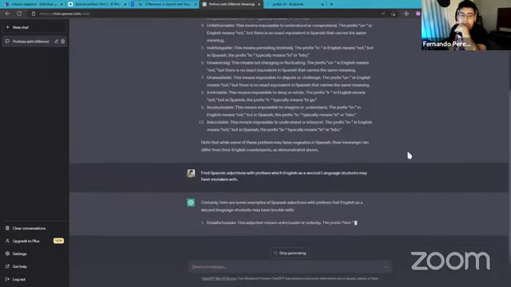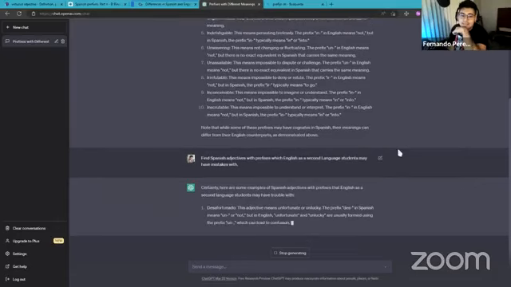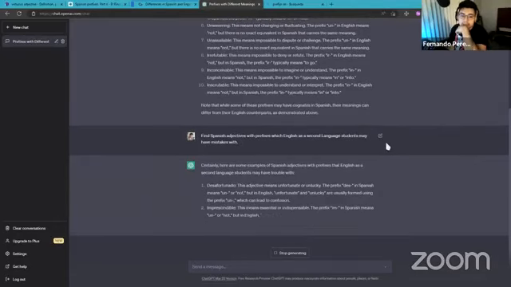Here are some examples of Spanish adjectives with prefixes that English as second language students may have trouble with.